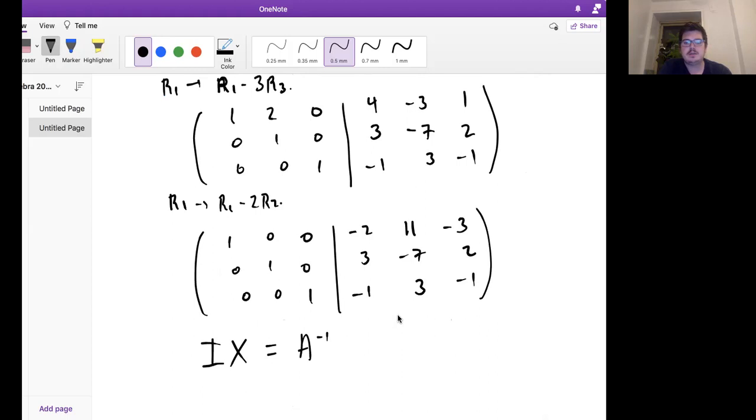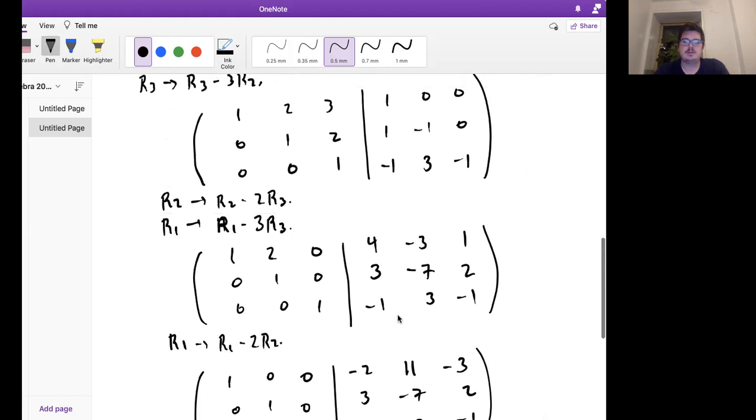What's that for? Sorry, I'm putting the left into reduced row echelon. Oh yeah, sorry, row 1 minus 3 row 3 was from this one to get rid of the 3.